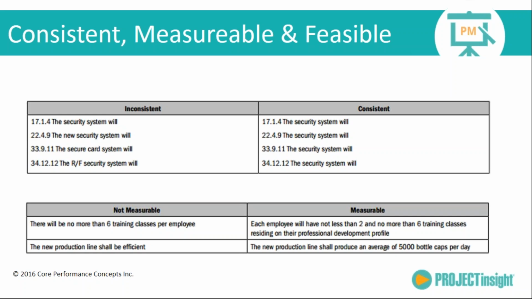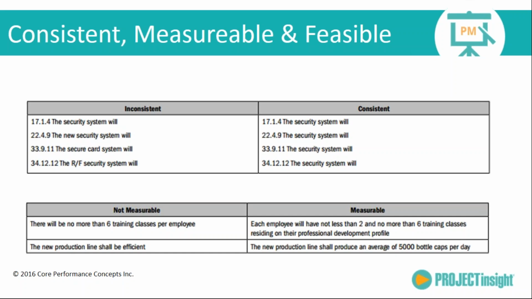It confuses people. People forget what to go back to. They don't remember all that stuff. So it's very important to have consistency in how we document things. And measurable versus non-measurable is very similar to when we talk about objectives. It's kind of a yes or no answer.